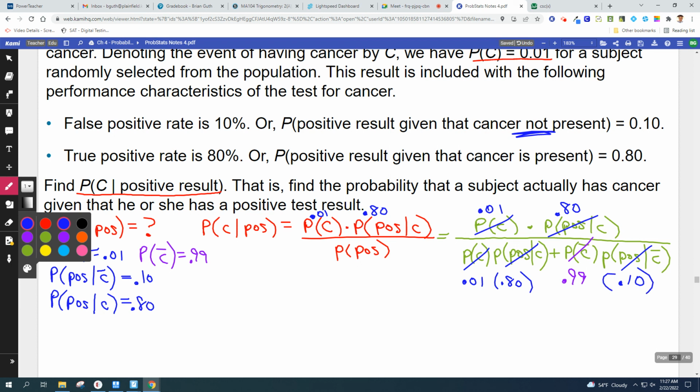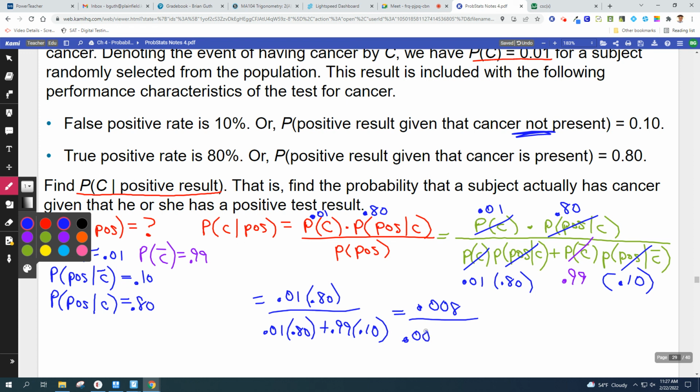So, look at what we have. We have 0.01 times 0.80 over 0.01 times 0.80 plus 0.99 times 0.10. Part over total. Multiply that out. 0.01 times 0.8 is 0.008.